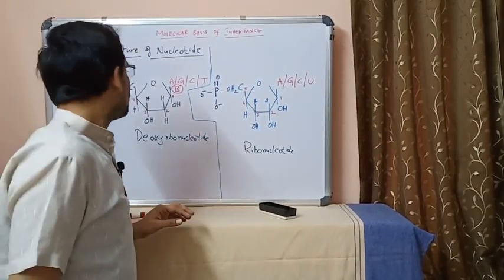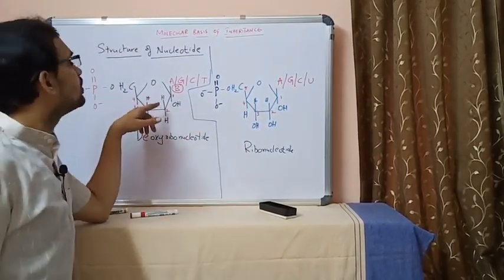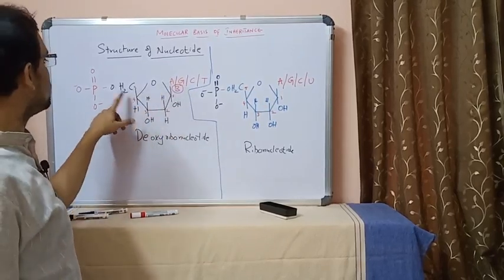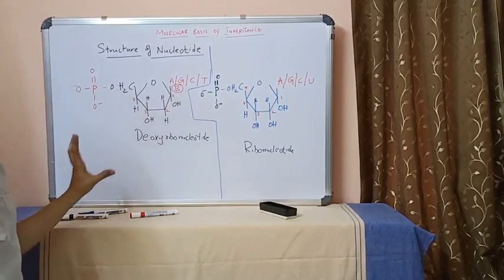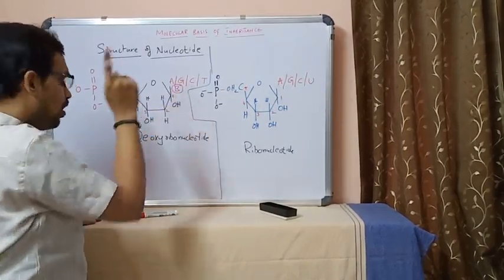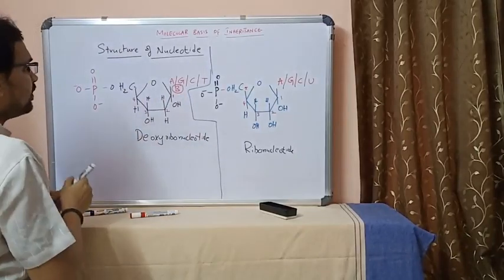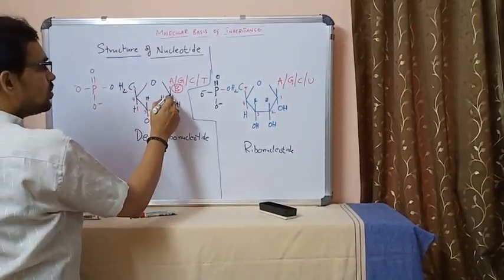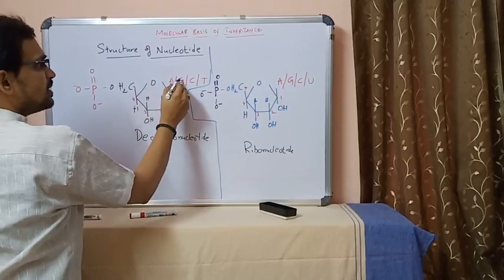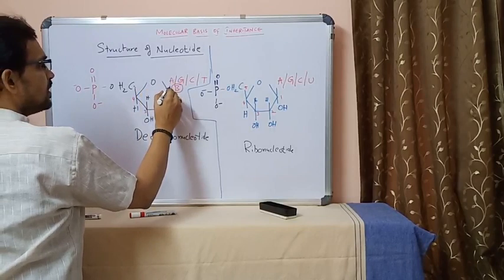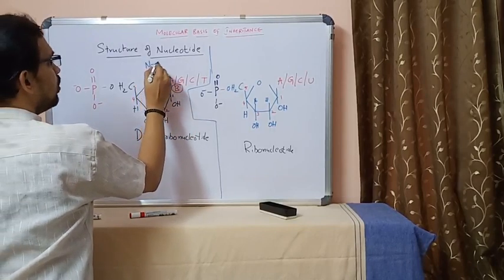Now we are discussing the names of the bonds between the sugar and base and between the sugar and phosphate. So very important. Sugar and base in the nucleotide are always linked with an N-glycosidic bond. This is the sugar, this is the base. Sugar and base are linked with an N-glycosidic bond.